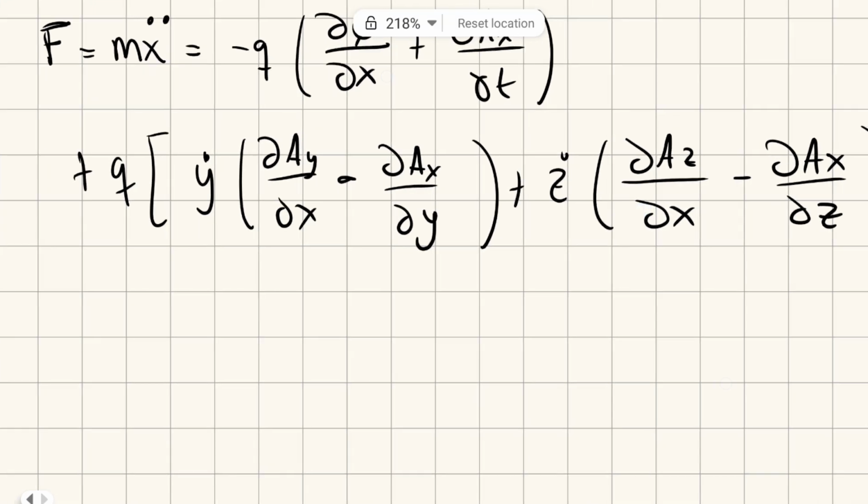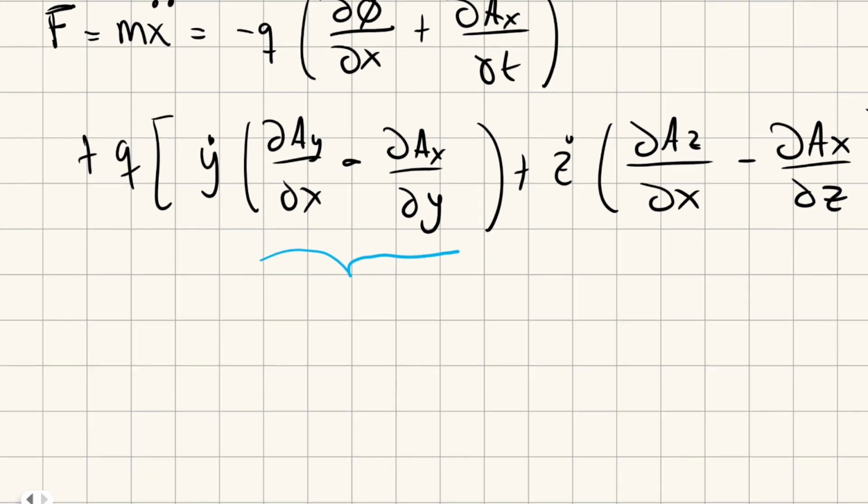If you notice, for example, this expression, it can easily be seen that it is the z component of the curl of A. If you calculate this, you will get the derivative of Ay with respect to x minus the derivative of Ax with respect to y. So this is the curl of the vector potential, but it is the z component.